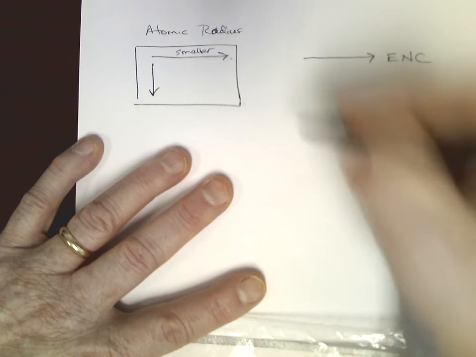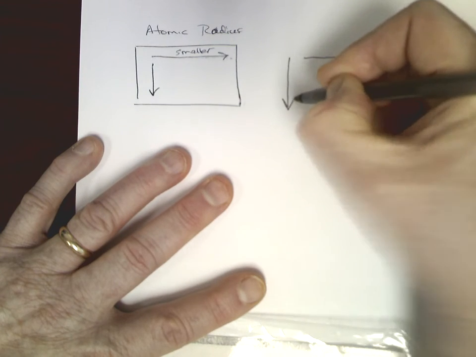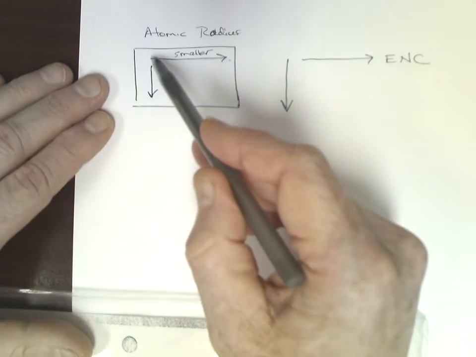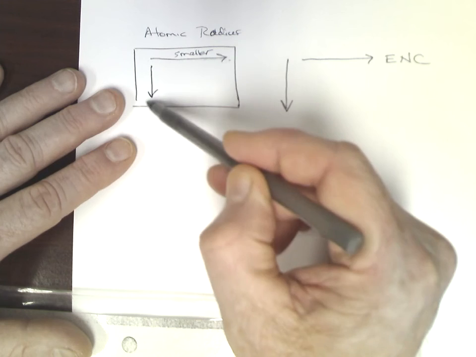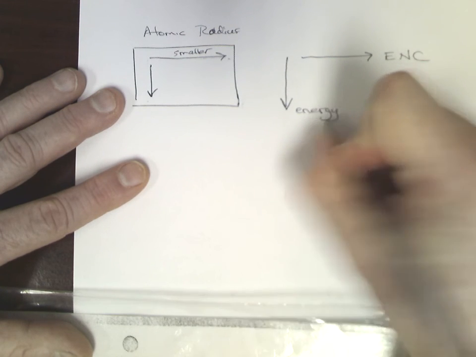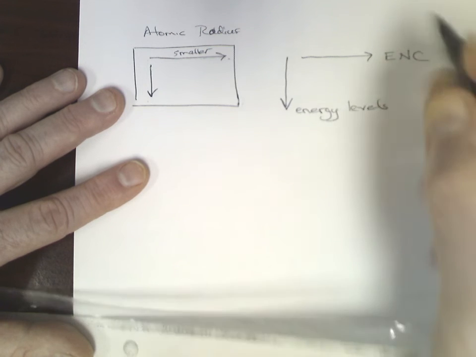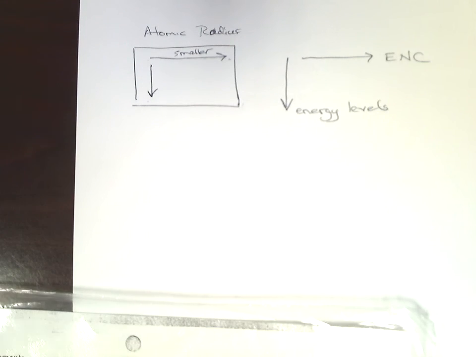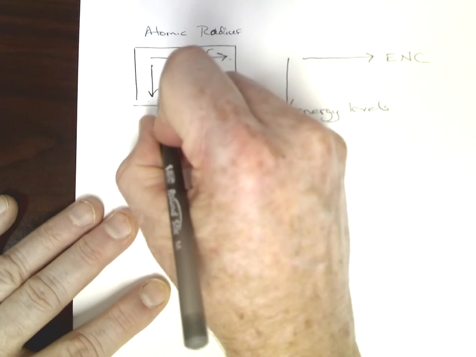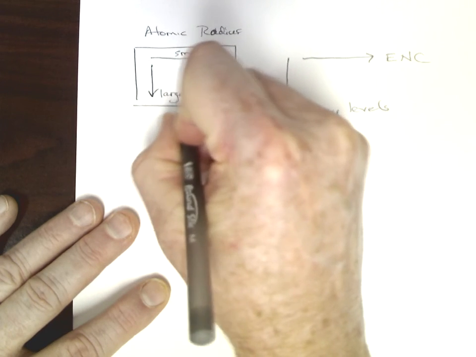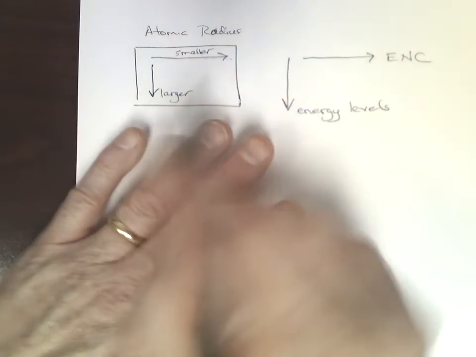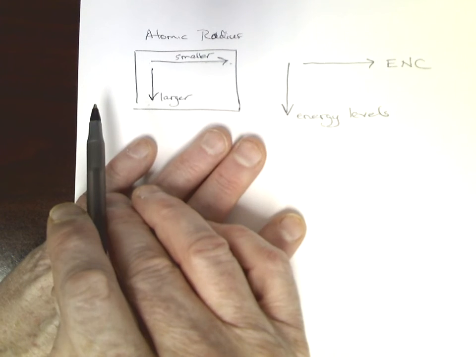Okay, now what about going down? The argument you will always make about periodic trends going down is all about energy levels. So as you go down, the electrons are being added to an energy level further from the nucleus, so atomic radius gets larger or increasing. Okay? I'm going to just represent it this way.